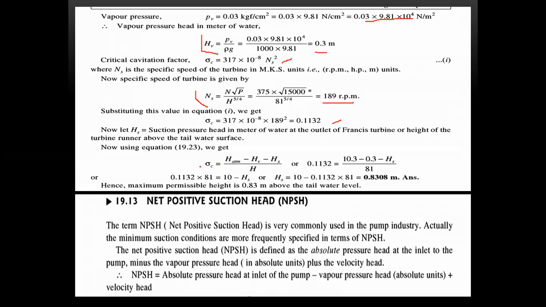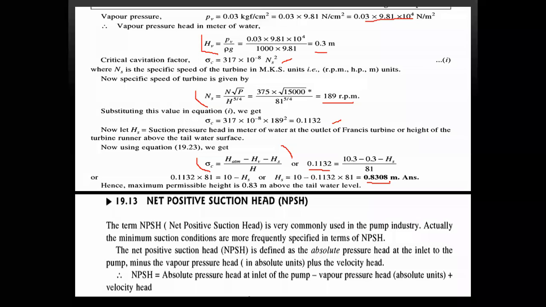Sigma C, the cavitation formula, is equal to H atmosphere minus HV minus HS, divided by H1. Therefore the H1 value is equal to, the HS value is equal to 0.08308.